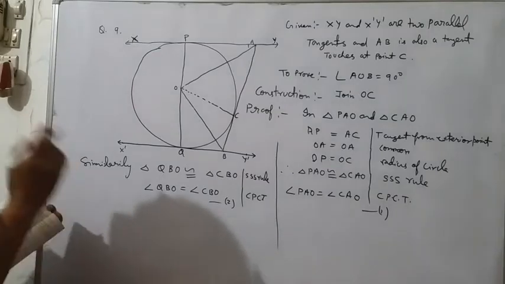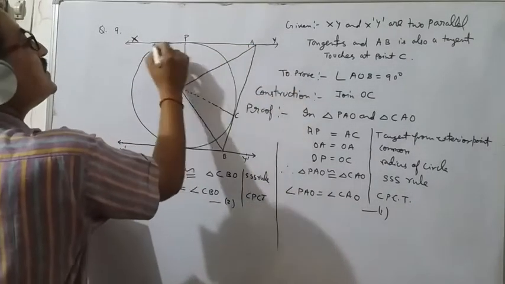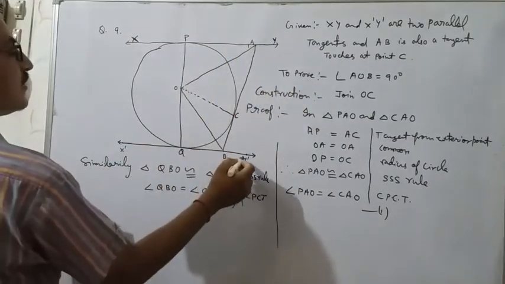Now see that in these two lines, XY and X'Y', they are parallel.